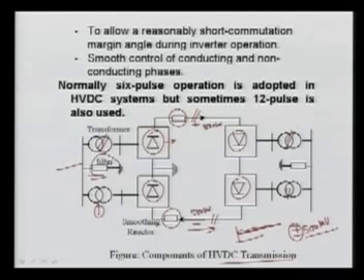So we use filters to allow only the fundamental components. And also other items such as lightning arresters and grounding, with grounding rods etc. All these are the major parts of an HVDC transmission system.